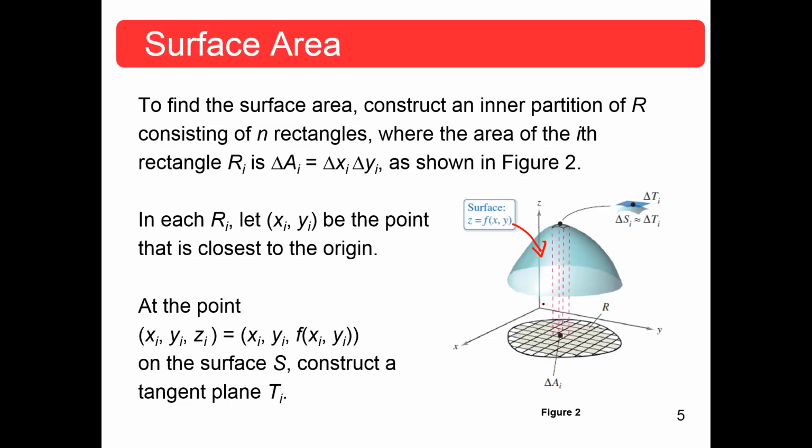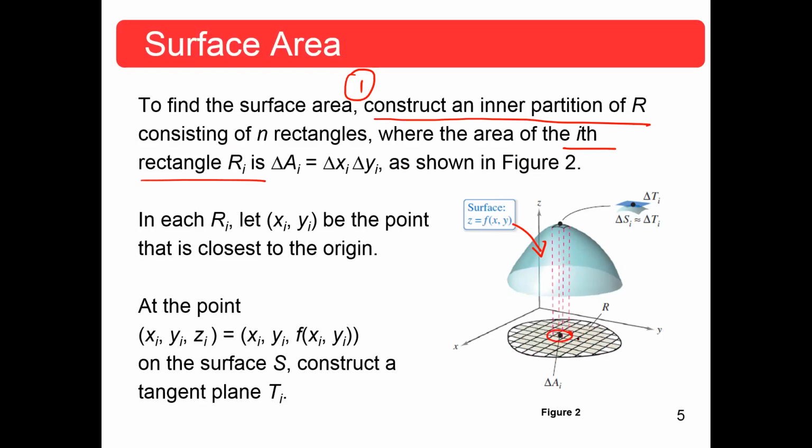Very similarly, we're going to use a Riemann sum. But first, you construct an inner partition of region R, as we do all the time. You partition region R into small subregions. The easy way is to decompose them into small rectangles. Suppose I have the ith rectangle.